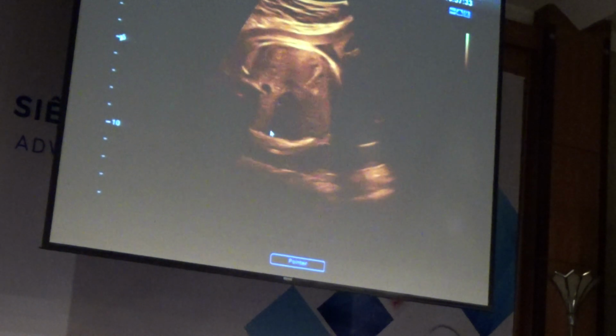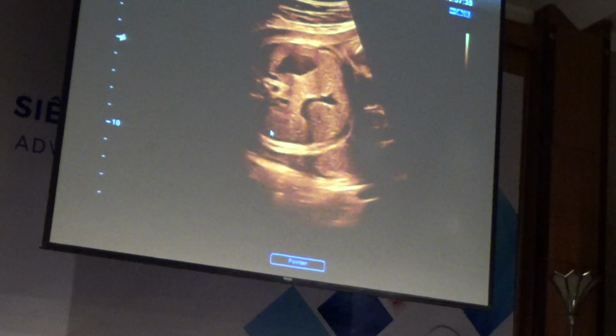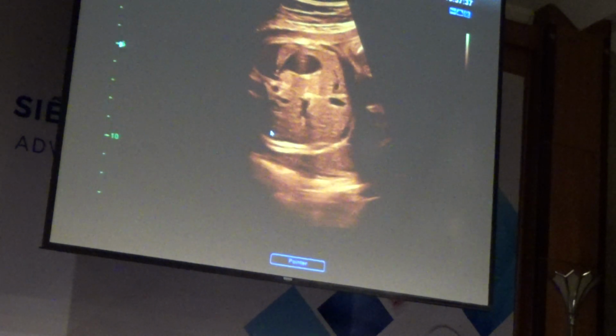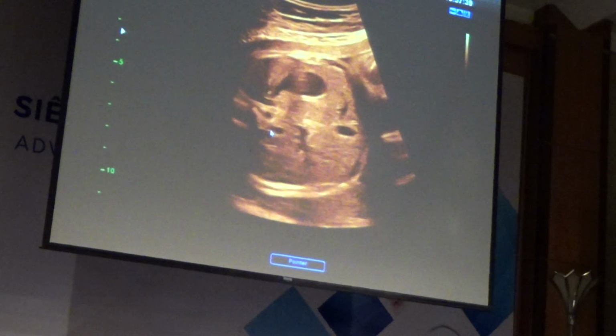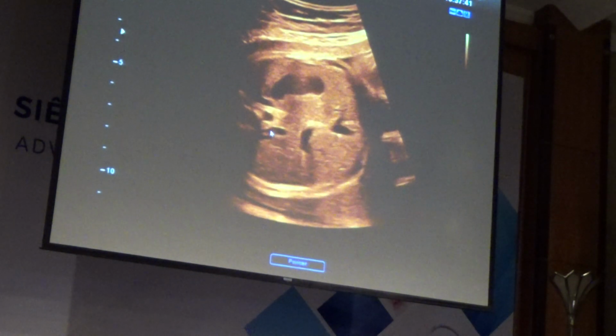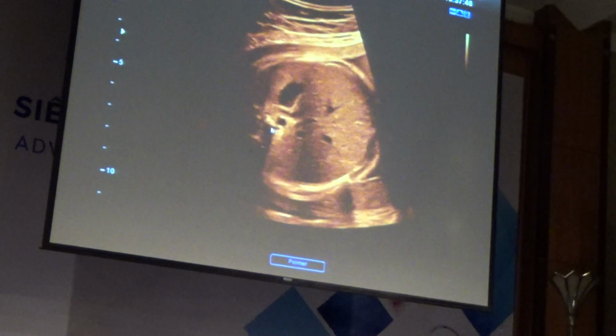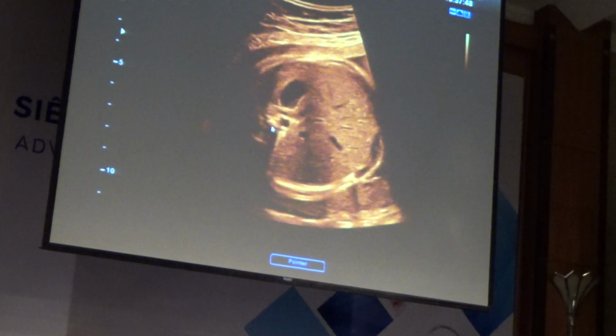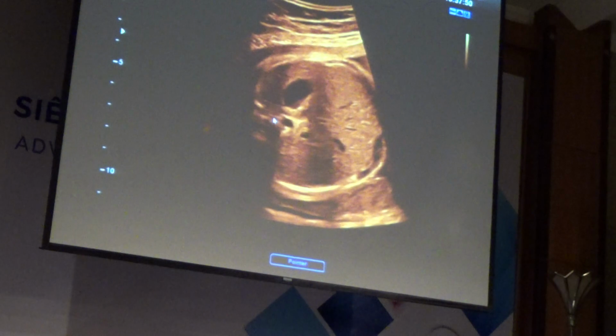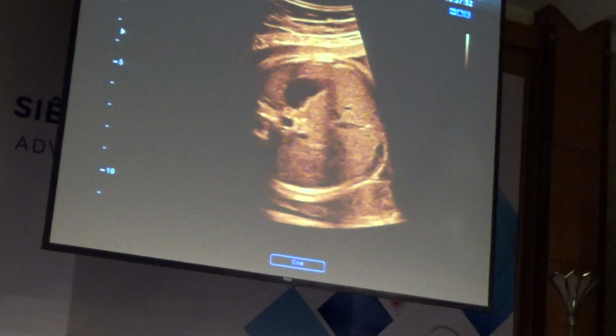So now I'm going to look. I could optimize it a little bit. Now we can see, we know that this is left and right.